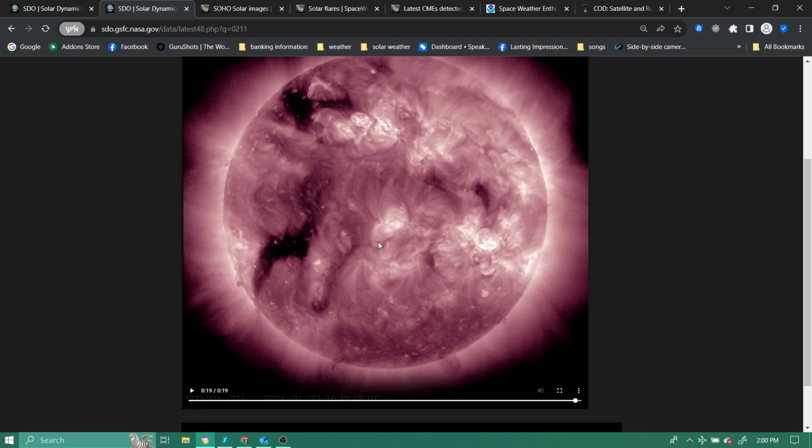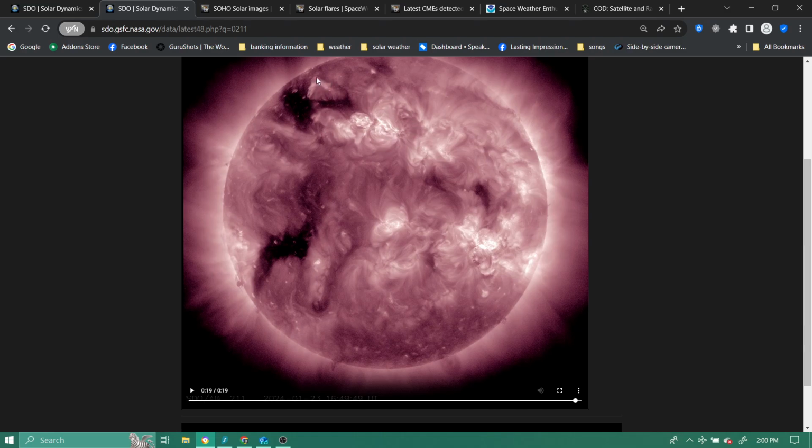That means we will get their stream Saturday night into Sunday, Monday. So by Sunday, we should start seeing coronal hole streams, and anything around them could be elevated. This is going to be right in front of them.